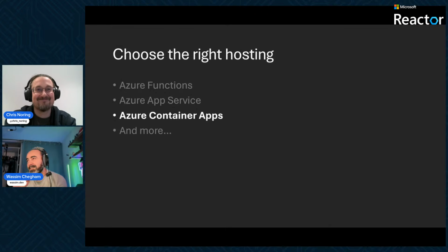I'm going to stop here because I told you I'm biased, but for me at least, container apps and containers in general are a great spot for building MCP servers. Because you can run them locally for testing, and then when you're ready, just deploy them to the cloud in a few commands.